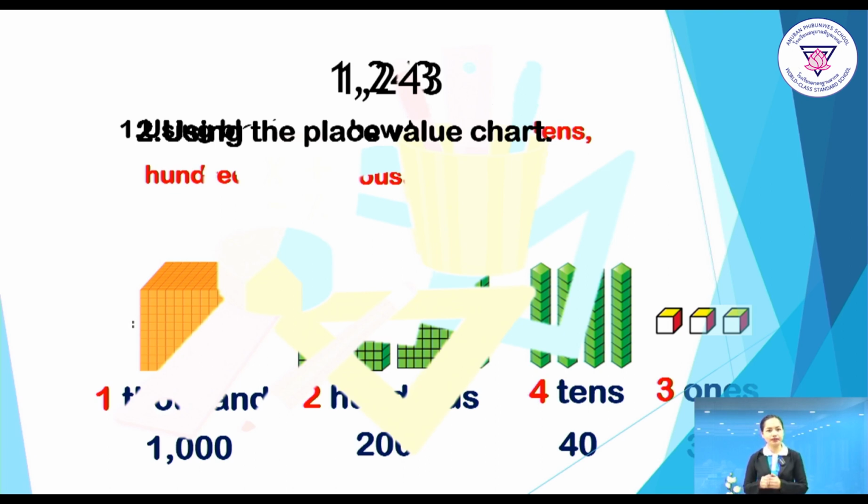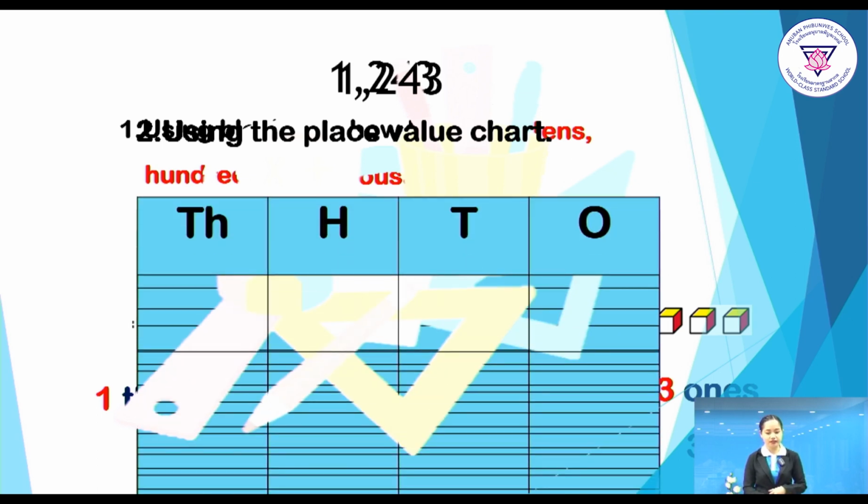When we say O, what does it mean? O means ones. How about letter T? Tens. And how about H? Hundreds. And the last one, TH, it's thousands.